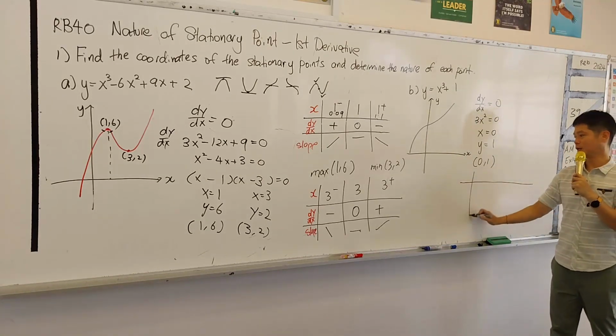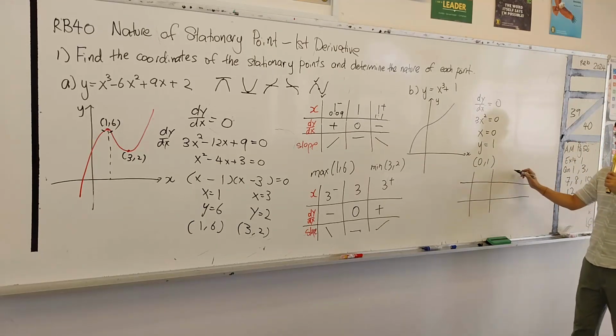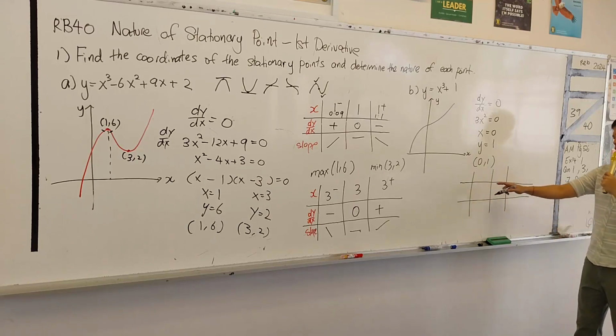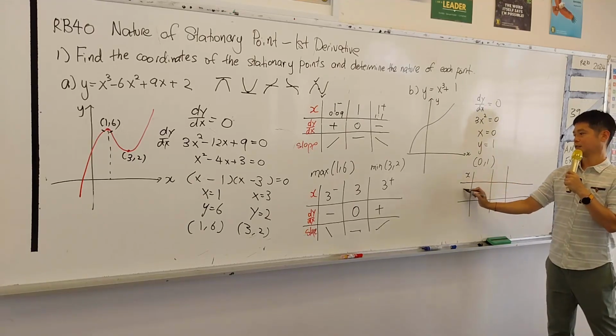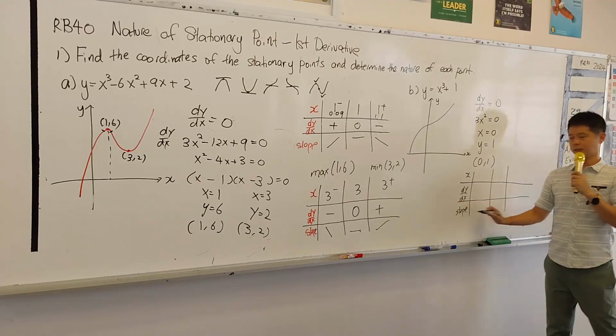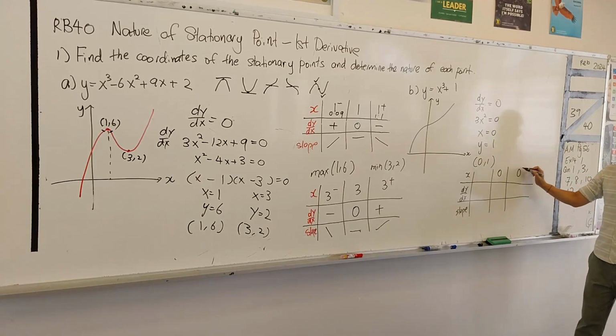So I am going to do the table again, the 4 by 3, or 3 by 4, sorry, 3 by 4 table. 3 rows, 4 columns. Okay, so this is your x, dy dx, and then your slope. Now your x value is 0. Something bigger will be 0.1.